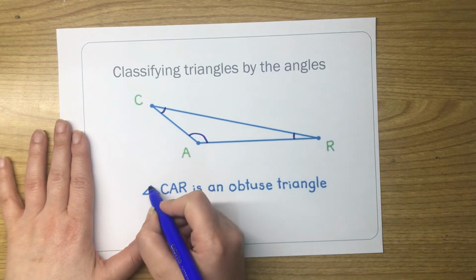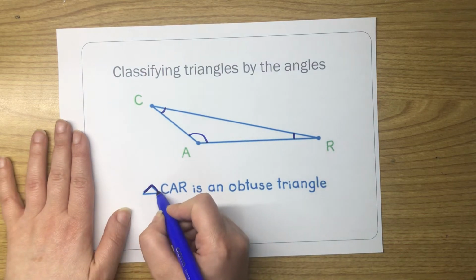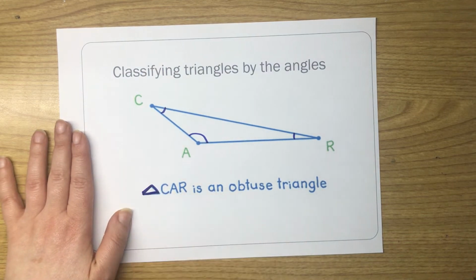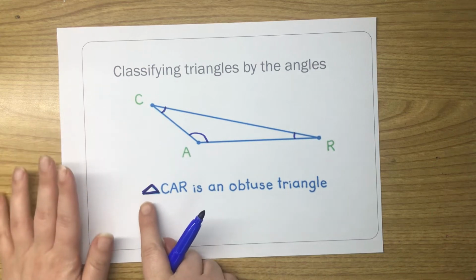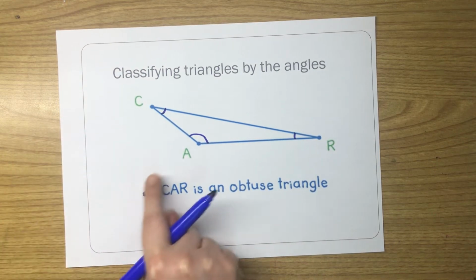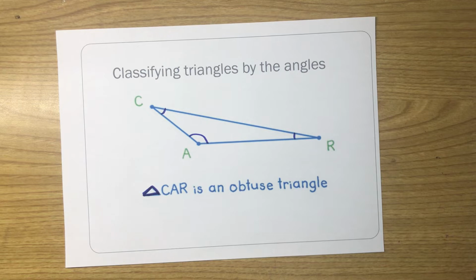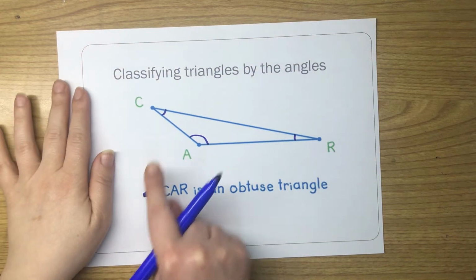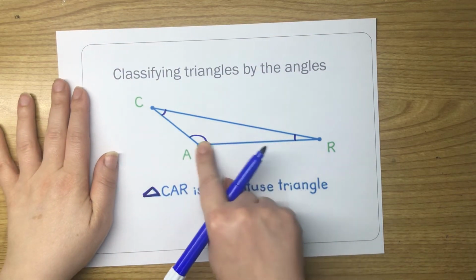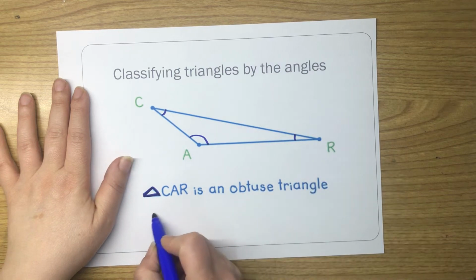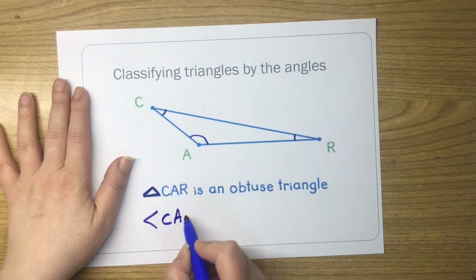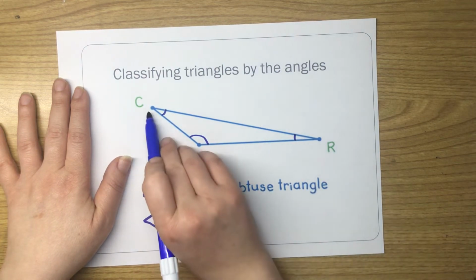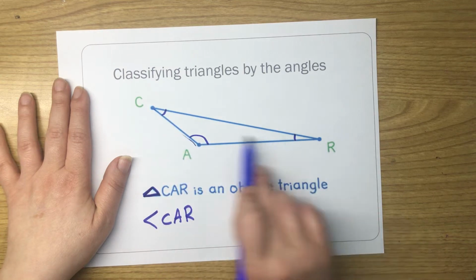We can give the triangle a symbol by drawing a small triangle, saying triangle CAR, because if we wrote it as CAR, you are talking about the angle CAR.